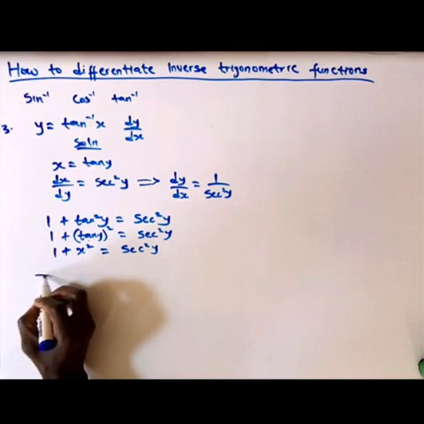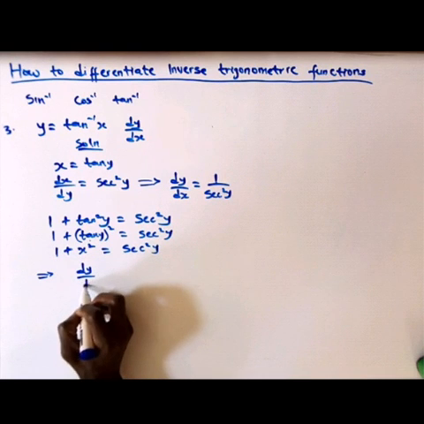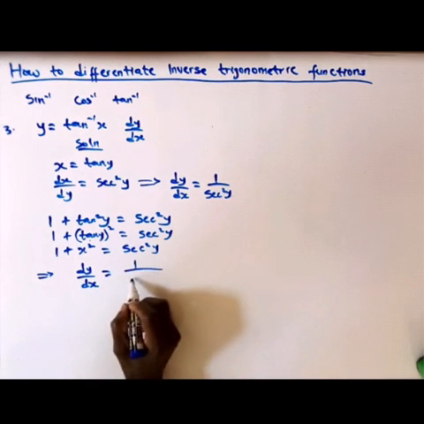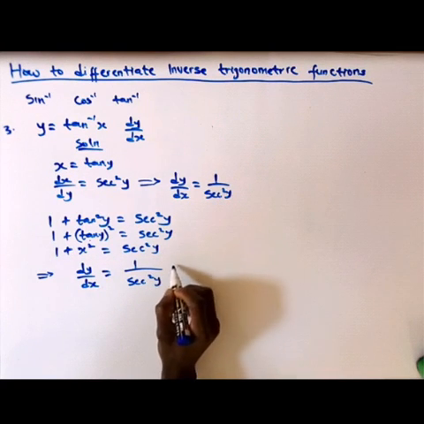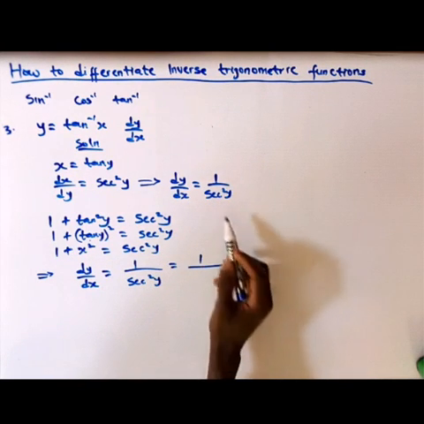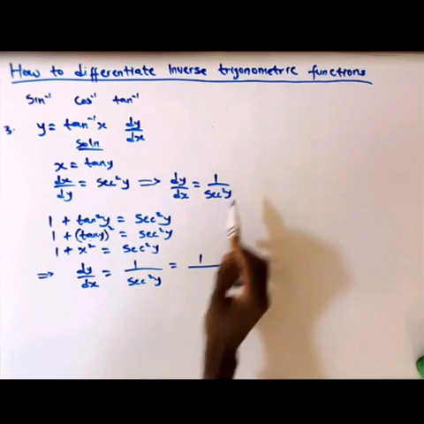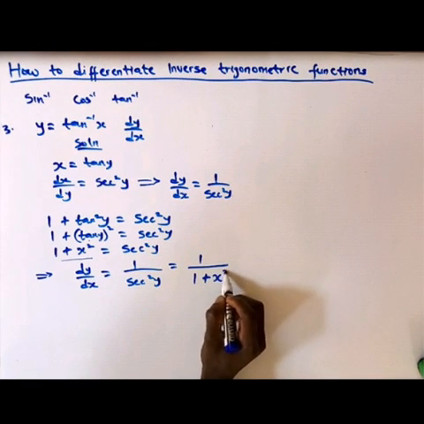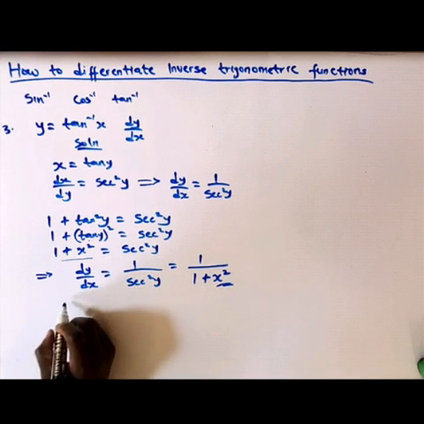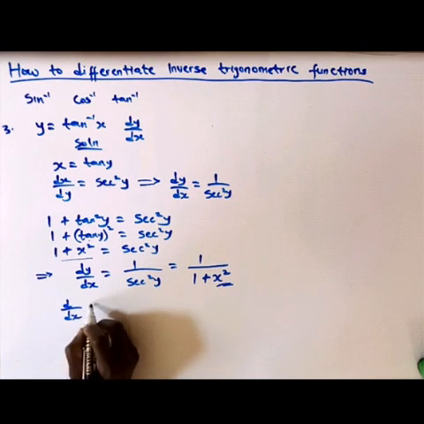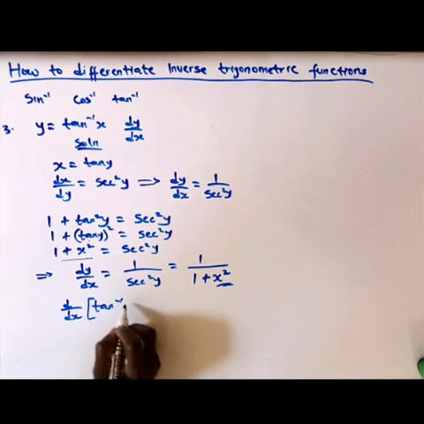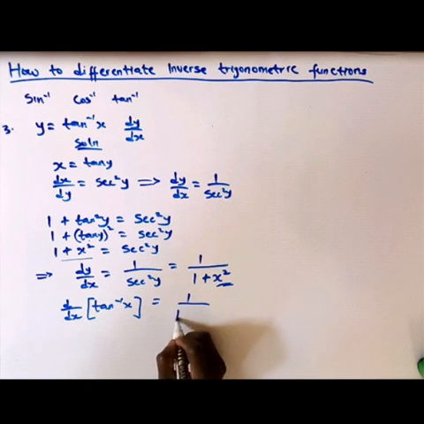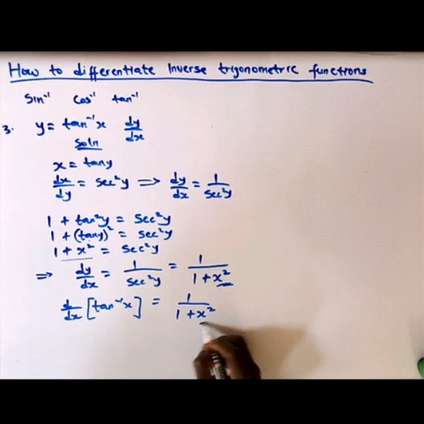So our dy ds, which is equal to 1 over sec square y, can now be written in terms of s as 1 over 1 plus s squared. So in summary, the derivative of tan inverse of s is going to give us 1 over 1 plus s squared.